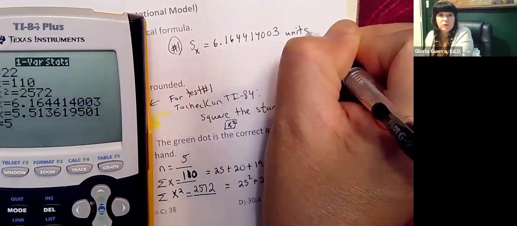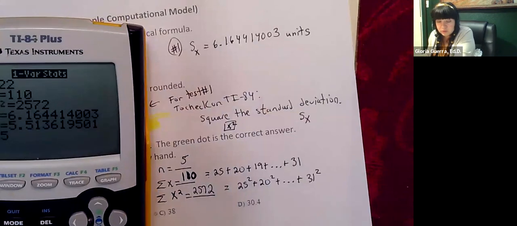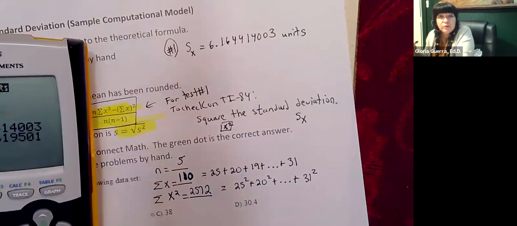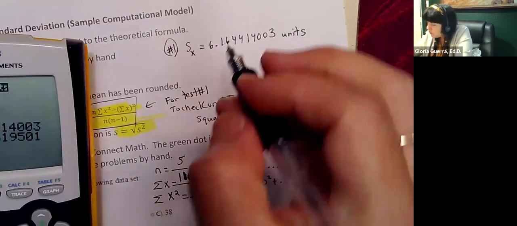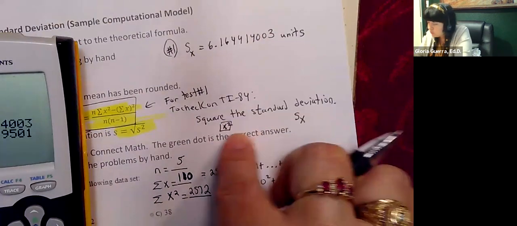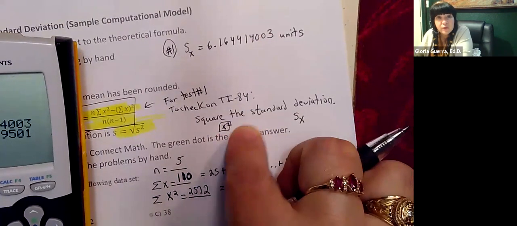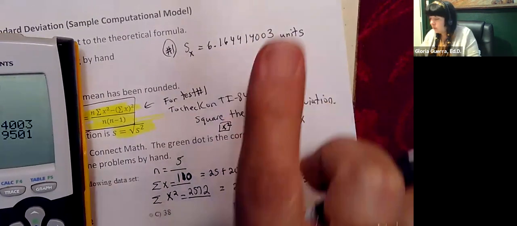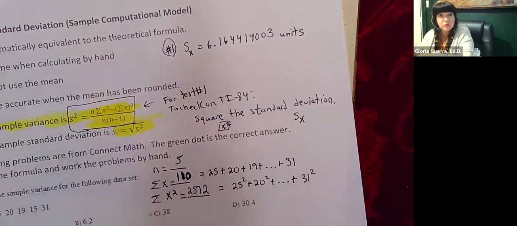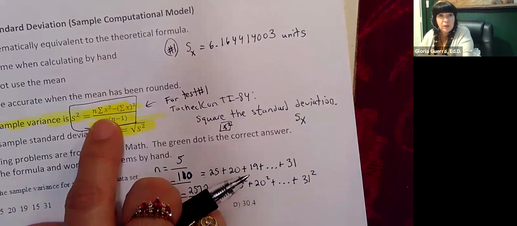Variance is units squared. Okay, so this is units. And then to check on the TI-84, I would square this value, and that should give me the same value as I get for this. So I'll check it at the end, but let's do this first, okay?